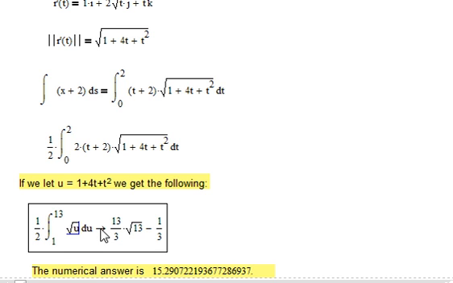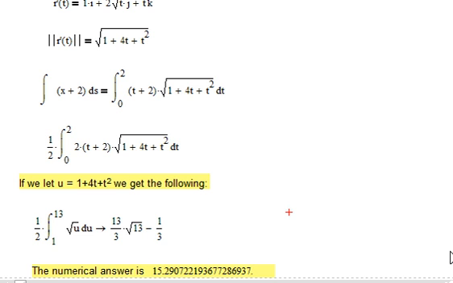And so if you put in 1, you get 2/3 times 1/2, which is 1/3, so that's minus 1/3, and then plus, when you put in 13, the 1/3 times 13 to the 3/2, which is 13 squared to 3.